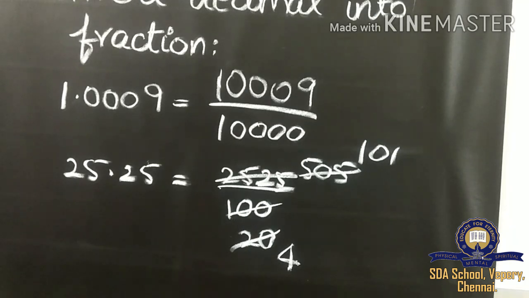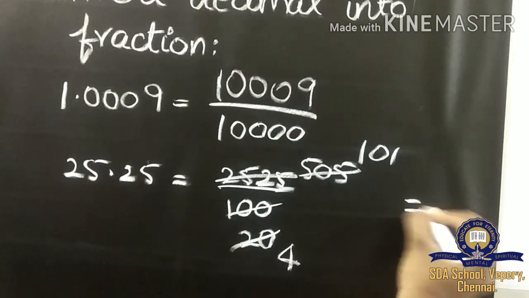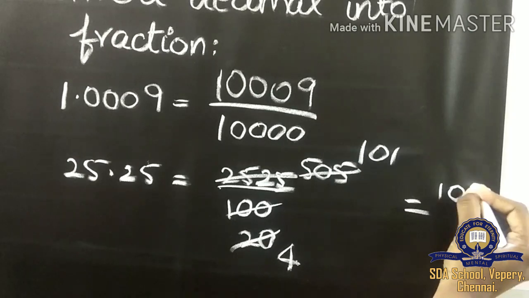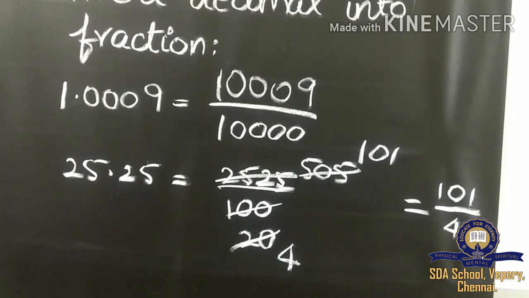So the value will be 101 divided by 4. We just convert this into simplest form, right? We just reduce the fraction to its simplest form.